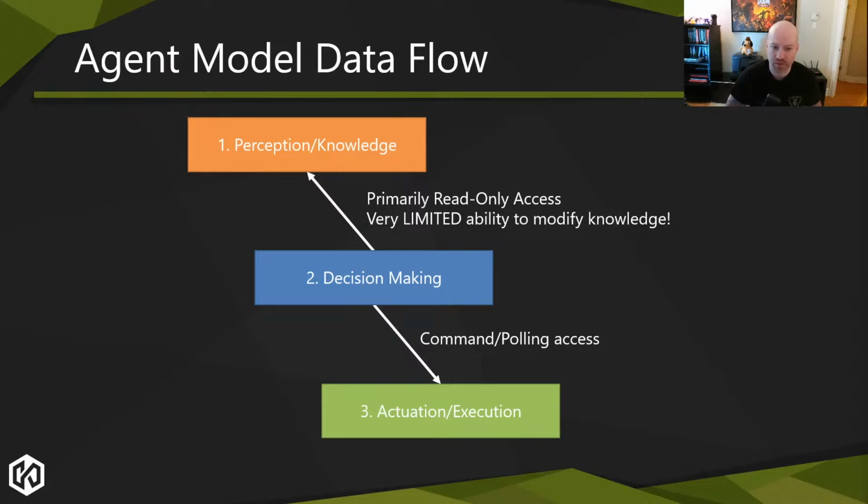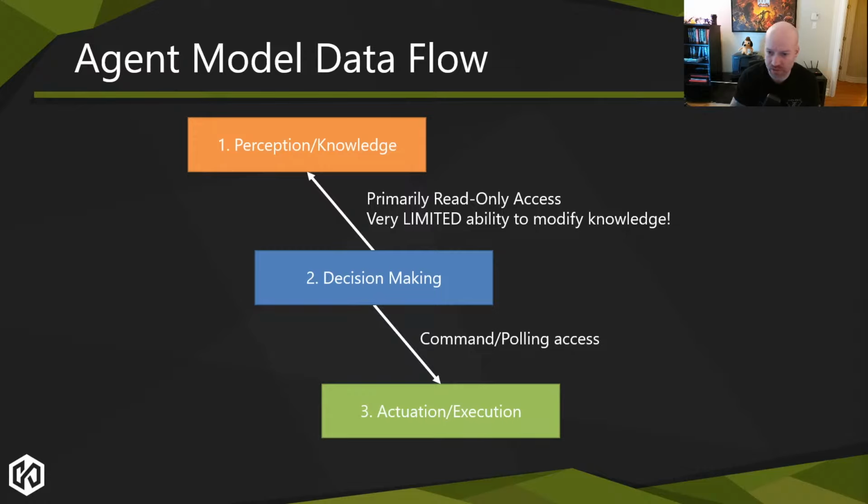Fundamentally, it's just read-only. The decision making also needs to access the execution to basically say, hey, I made a decision. These are the set of actions you need to execute. So I'm going to tell you to run this action. I'm going to wait for you to complete or fail or whatever. And then I'm going to tell you what to do next, right? So there's a kind of bi-directional flow, but it's in terms of I give you a command, I wait for that to complete, check the state of that, and when that does, I issue another command, right?